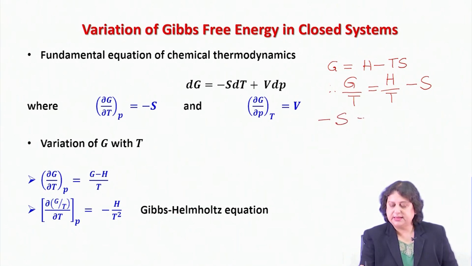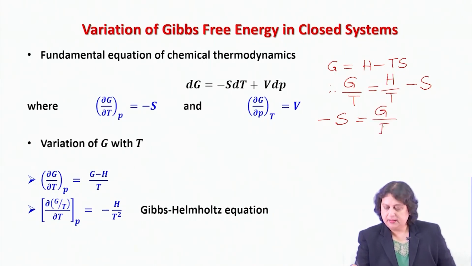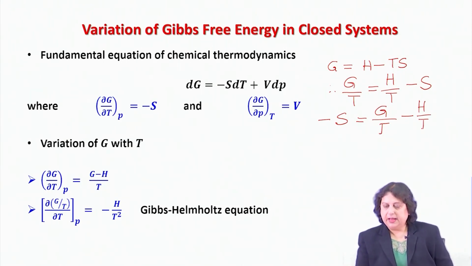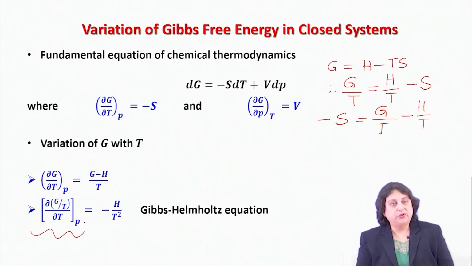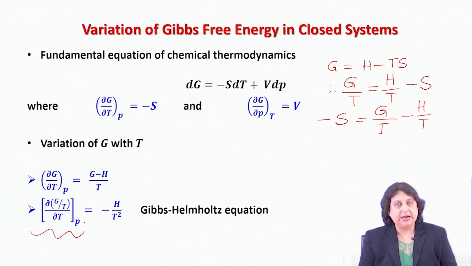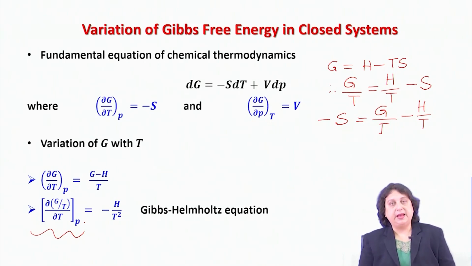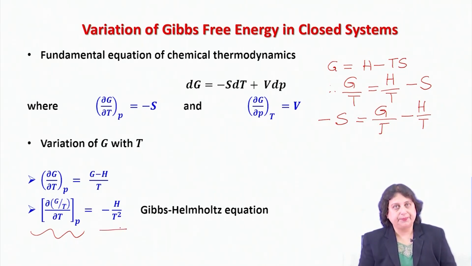Therefore, minus S is equal to G by T minus H by T. Clear? And now, if I take the derivative of this quantity with respect to T at constant pressure, then what I will be left with is minus H by T square.